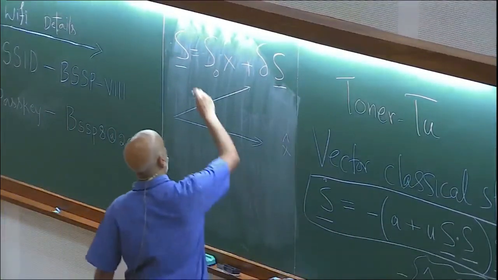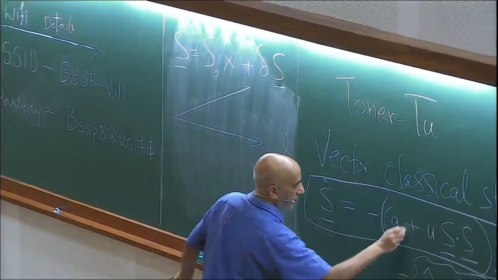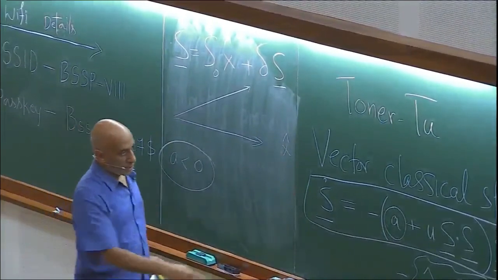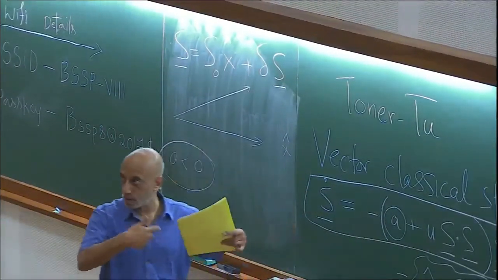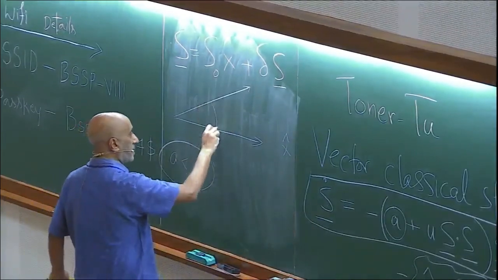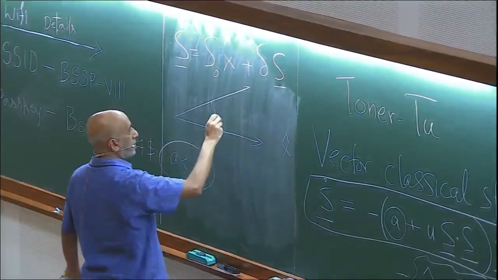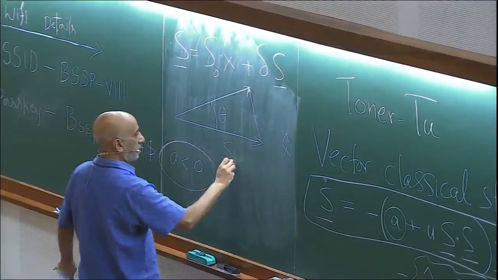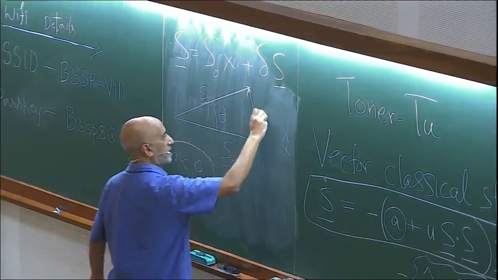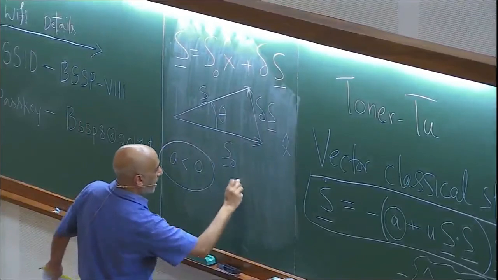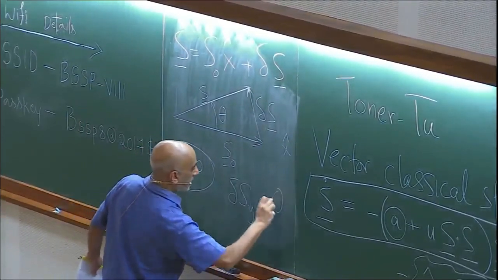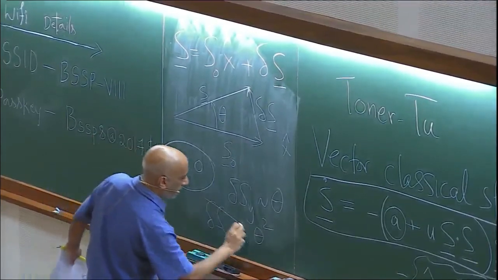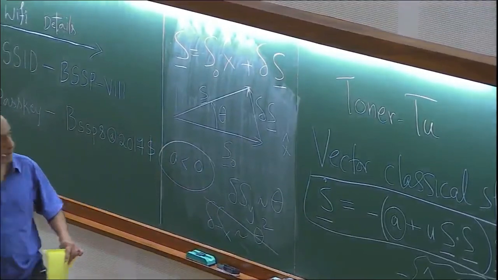Remember, the ordered phase comes in when this coefficient A is less than 0 within a mean field description, so that the state S equals 0 is unstable to the spontaneous formation of S. And then we looked at disturbances in that ordered phase, and we noted that if you say that this is S0, and this is the actual S, and this is delta S, then delta S y is of order theta, and delta S x is of order theta squared. So we won't worry about delta Sx in a linear theory, right?